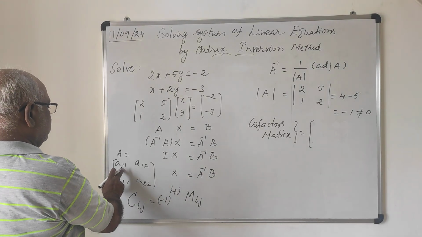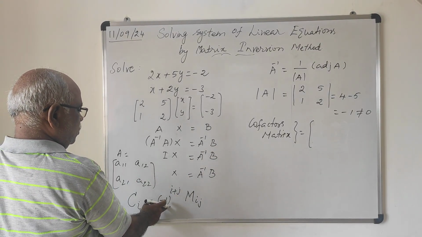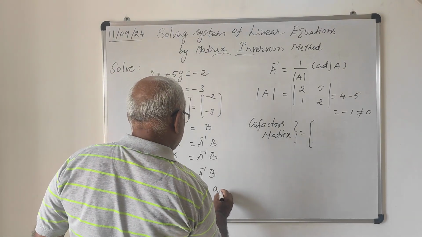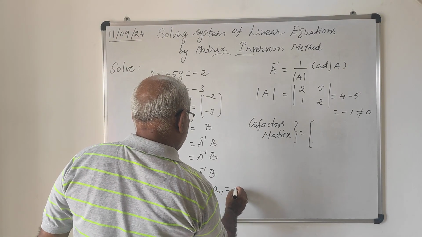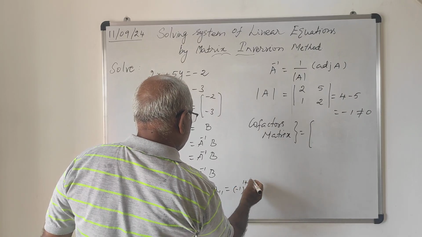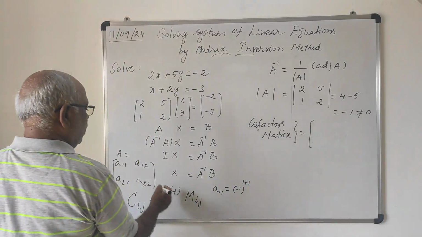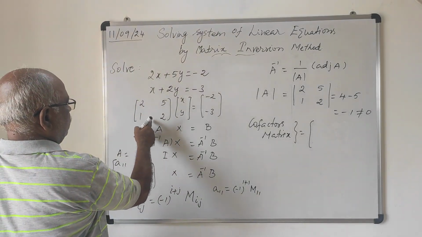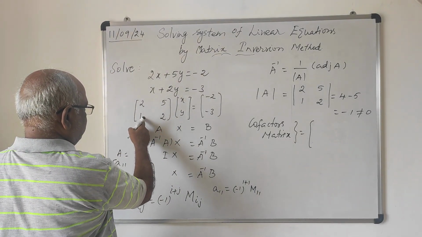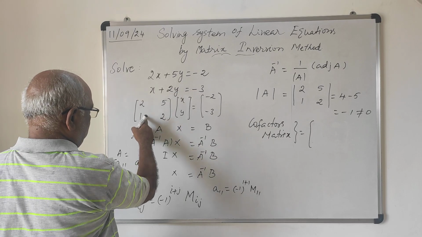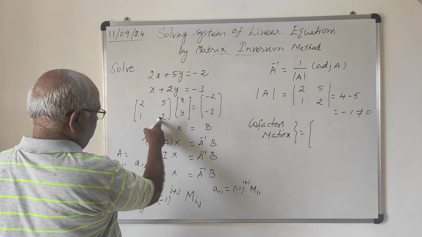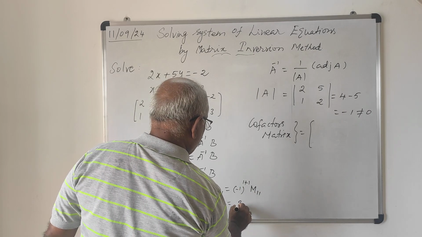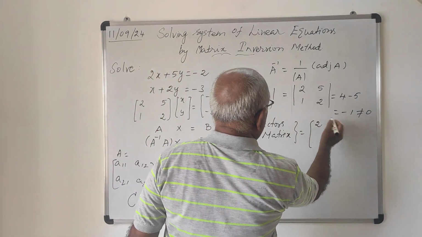So the cofactor of the first element A11 is minus 1 power 1 plus 1, that is minus 1 power 2, into M11. The minor of 2, eliminating the first row and first column, you will get 2. Minus 1 power 2 is plus, therefore you will get 2. That's why I am writing 2 here.